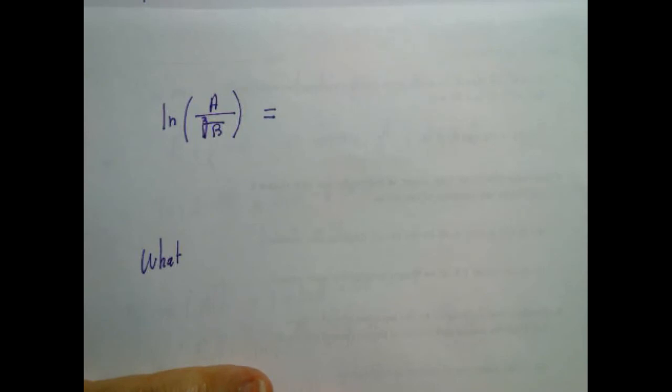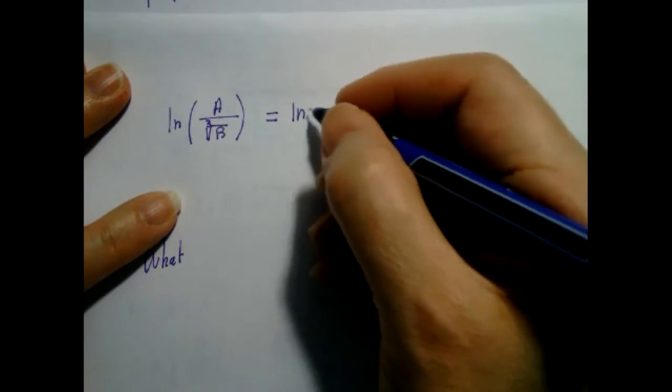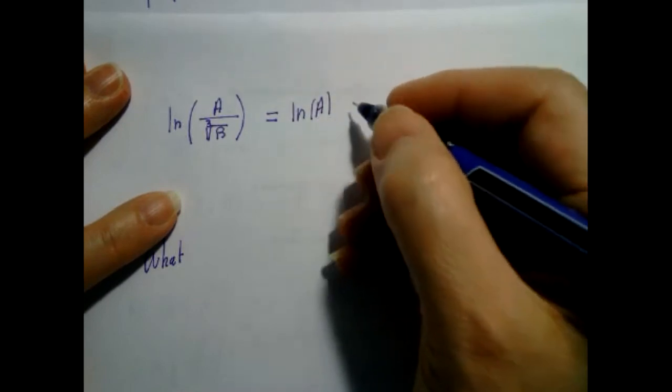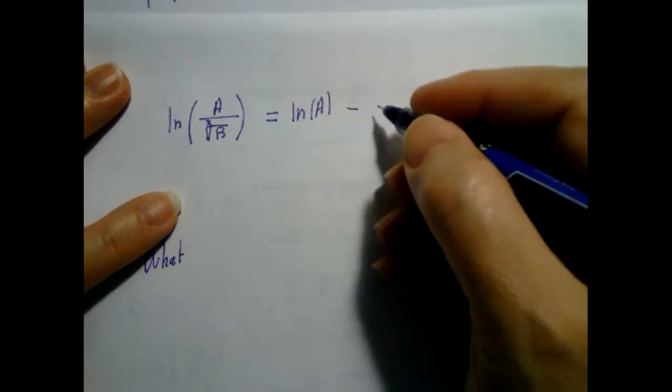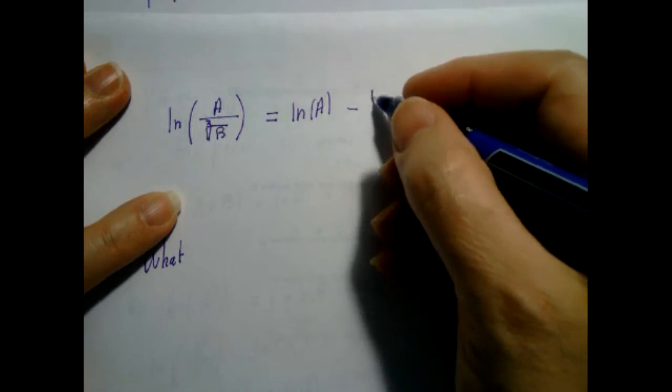Okay, Grace, can you talk? Yes. Okay, tell me what you did. So first I did ln of A minus the 1/3 ln B. I know that it's skipping a step. You went quickly.